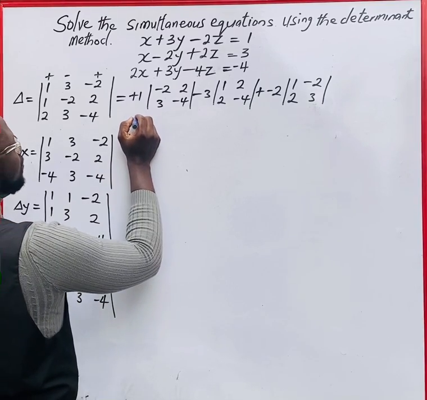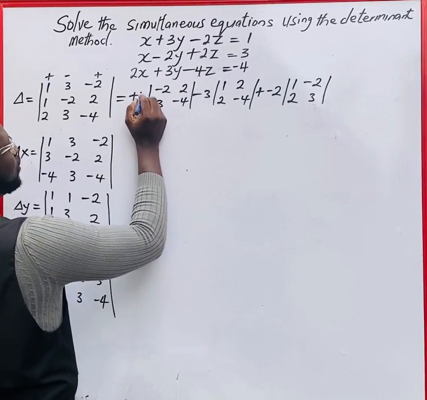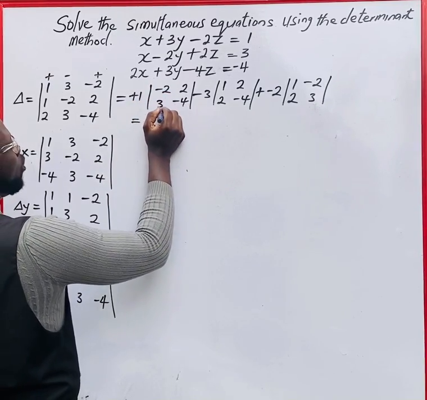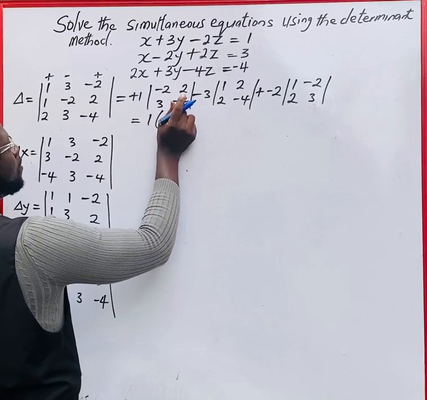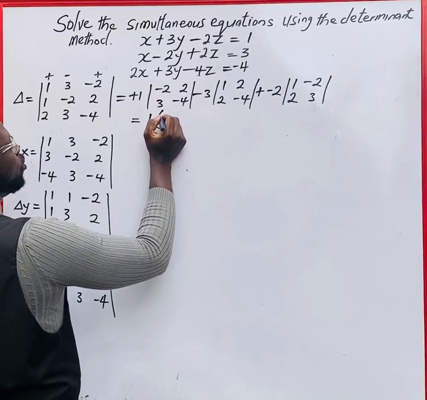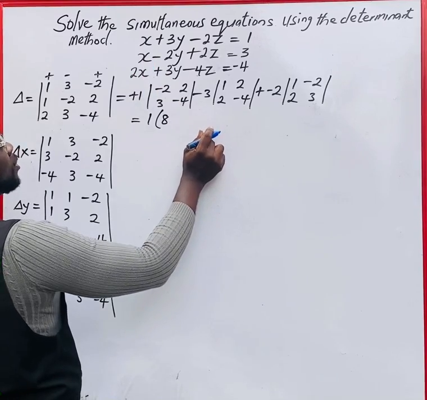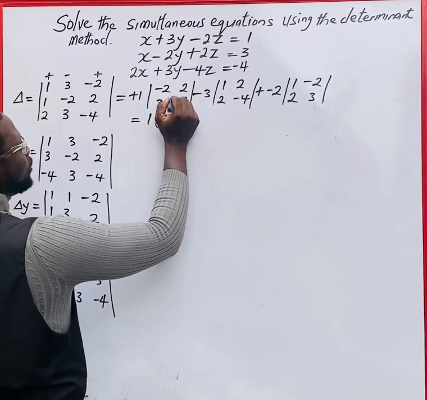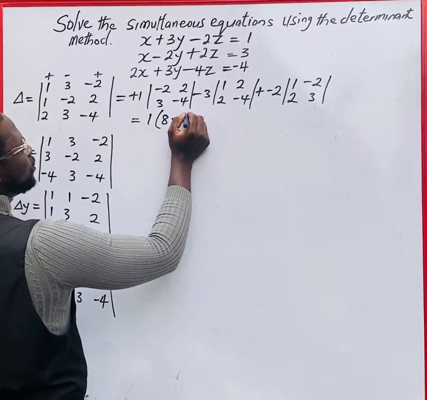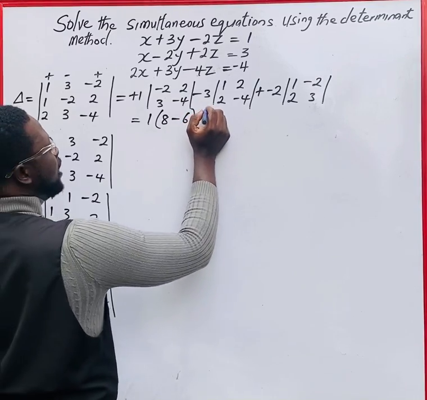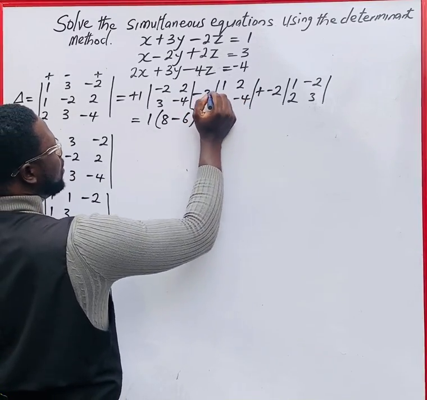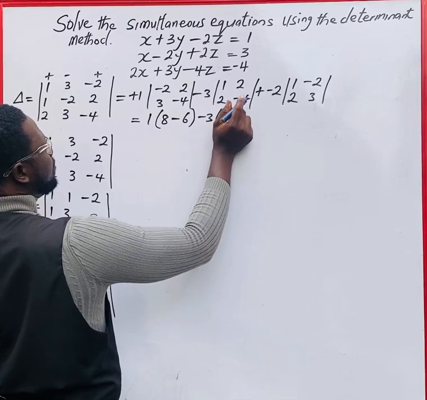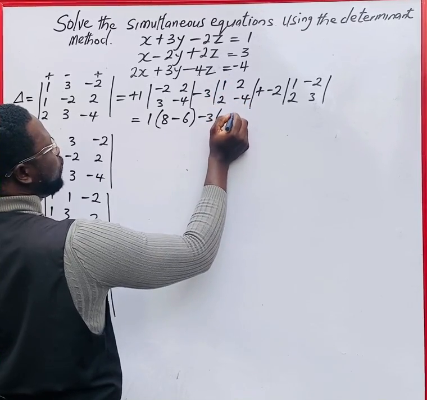So here now we'll have it equal to 1. Let's work on this. Minus 4 times minus 2, we have 8. This is the leading diagonal, you multiply it first. Minus 3 times 2, we have 6. So here you have minus 3. Minus 4 times 1, I have minus 4.